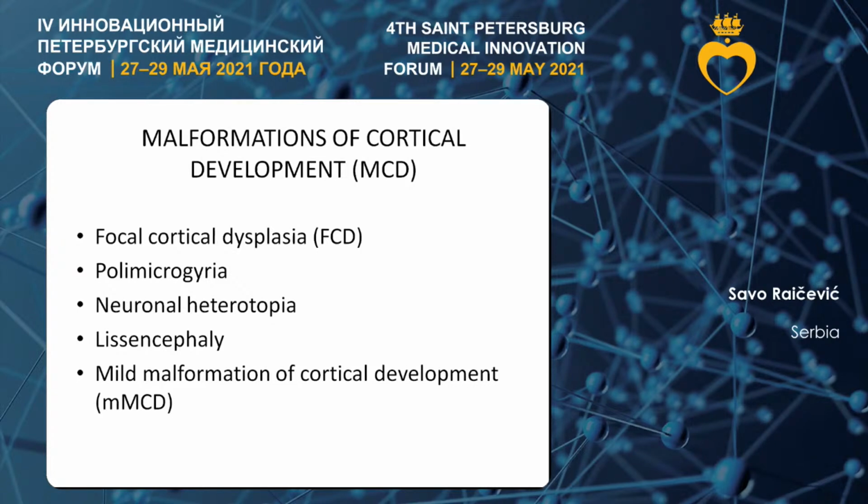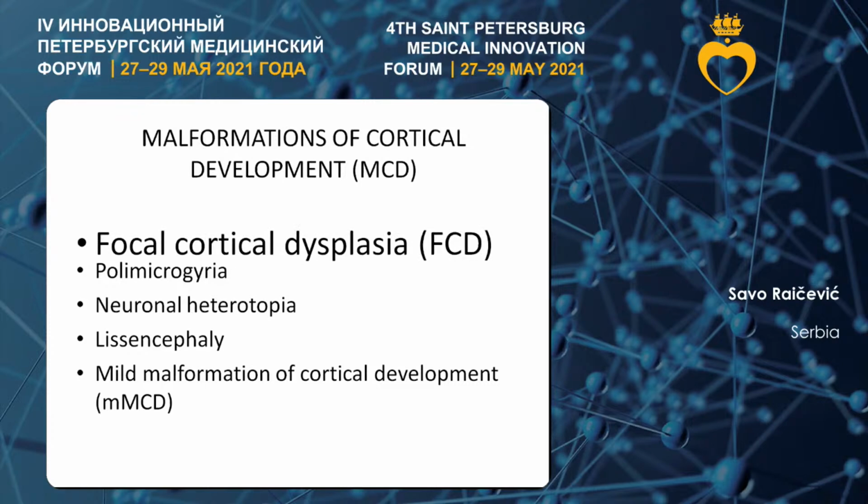They arise in the prenatal, perinatal, and early postnatal period and are a consequence of disorders in the mechanisms involved with cortical development, like apoptosis, migration of neuronal precursors, their maturation, and organization. The most common malformation of cortical development seen in surgical material is focal cortical dysplasia, and we will talk about it a little more.